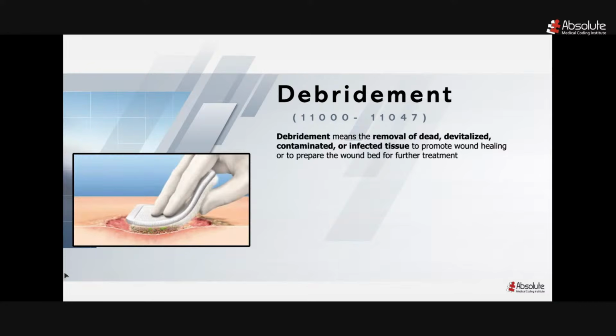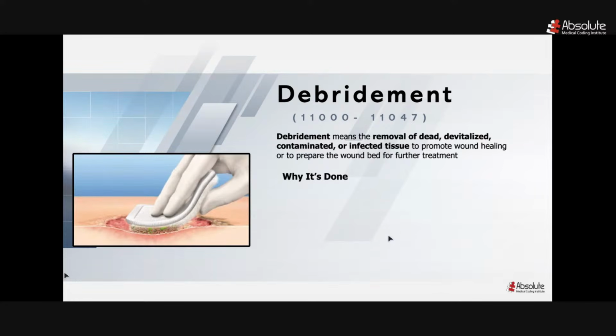Yes, it's an essential procedure in wound management, and debridement means removing dead, infected, or non-viable tissues from the wound or ulcer. Now, why do we do it? Here are a few important reasons.